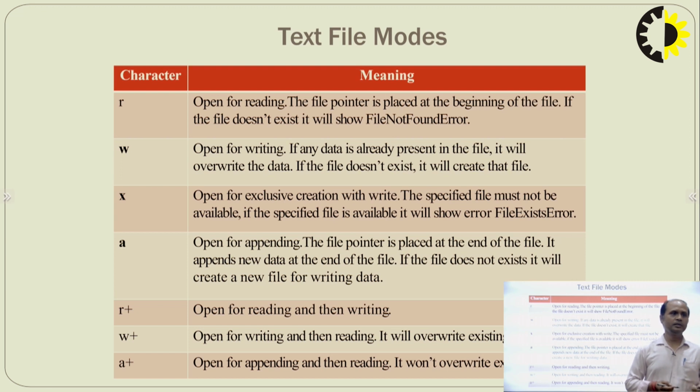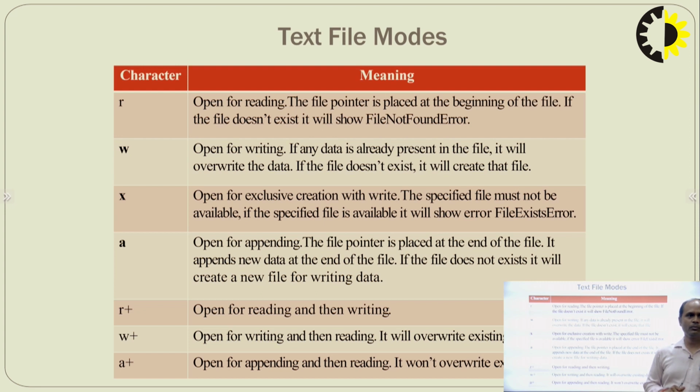Now another mode is append. Opening for appending. Append means that the pointer will point to the last. When we have a file, the file pointer is placed at the last position of the file. When we enter any data, that data goes to the end of the file.